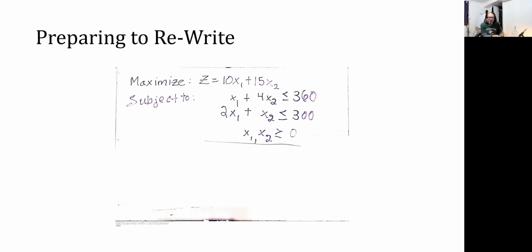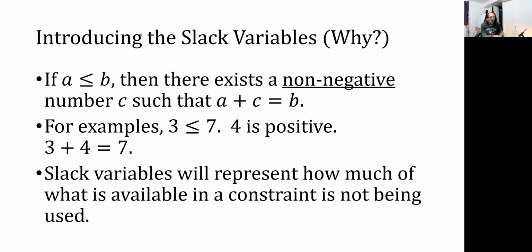Since we are going to use matrices, matrices are set up with that right-hand column following the augmentation bar. You have equals, not an inequality. So what we're going to have to do is add a non-negative number so that if A is less than or equal to B, A plus C equals B. We're going to call these non-negative numbers that we're adding to turn these inequalities in the constraints slack variables.